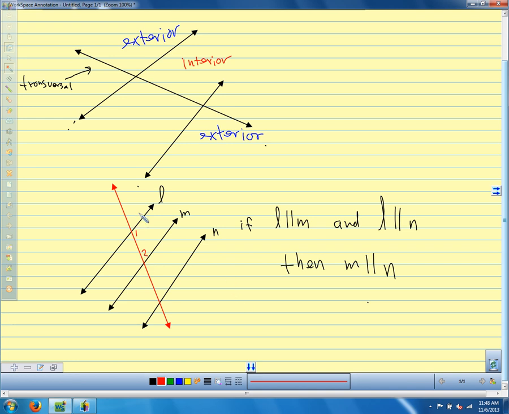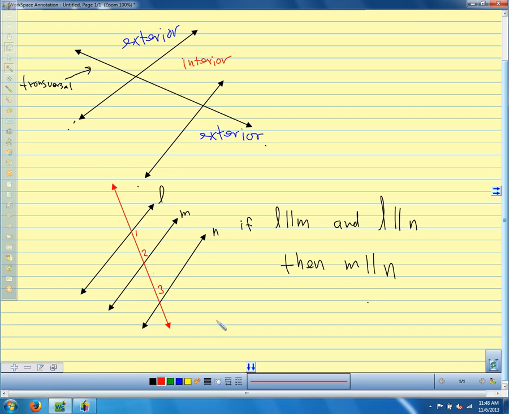And if L is parallel to N, what would we know about angle 1 and 3? So just ignore line M. L is parallel to N. They're also supplementary. So we're saying that angle 1 and 2 are supplementary, and angle 1 and 3 are supplementary.